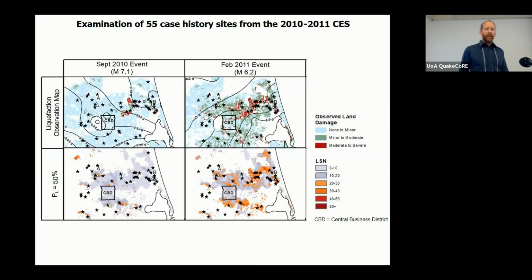So now that we've taken a bit of a global look at things, we've then taken 55 case history sites within Christchurch, denoted by the stars, where we've done more detailed evaluations to have a look at what's going on.